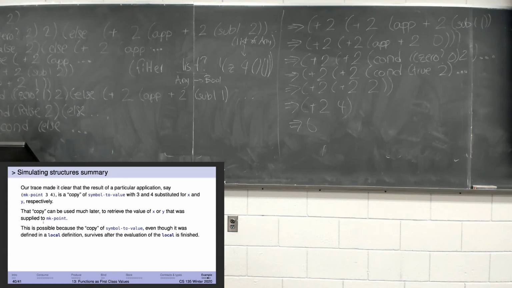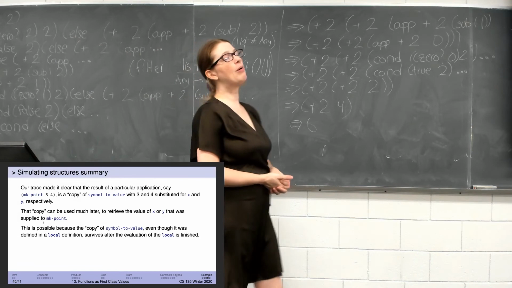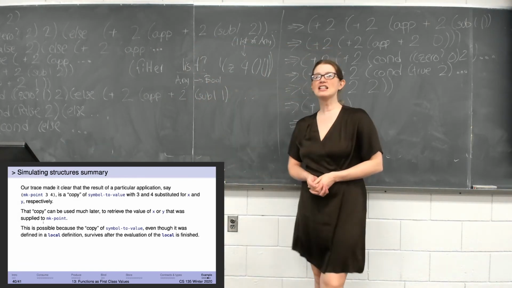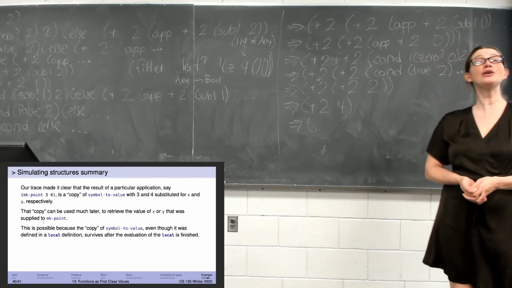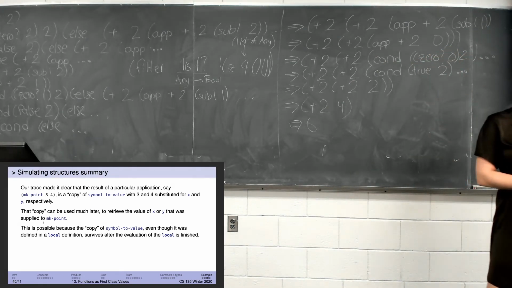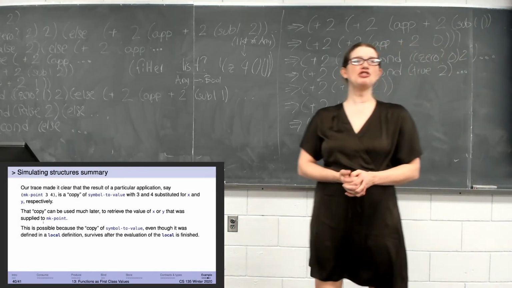All right. One last thing to mention about this. You made a point p1 that had x 3 and y 4. What happens if I then bind p2 to x equals 0 and y equals 0? What happens to p1? Does it change?